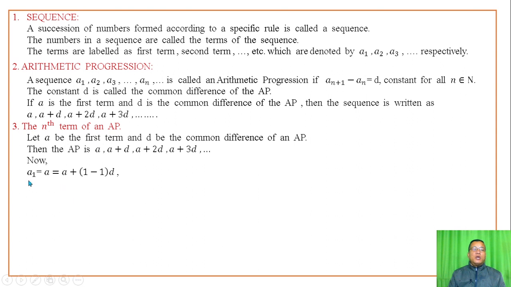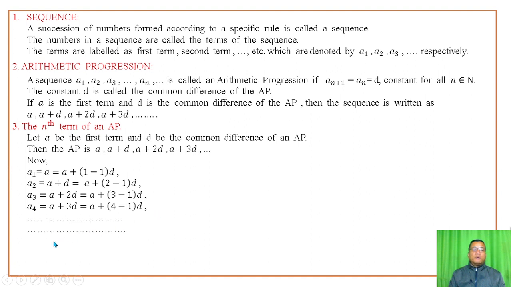Now, A1 is the first term, which is equal to A, which can be written as A plus (1 minus 1) times D. A2, the second term, is A plus D, which can be written as A plus (2 minus 1) times D. A3 is A plus twice D, which can be written as A plus (3 minus 1) times D. A4 can be written as A plus (4 minus 1) times D. Similarly, proceeding, looking at the pattern, we have An equal to A plus (n minus 1) times D, which is the nth term of the AP.